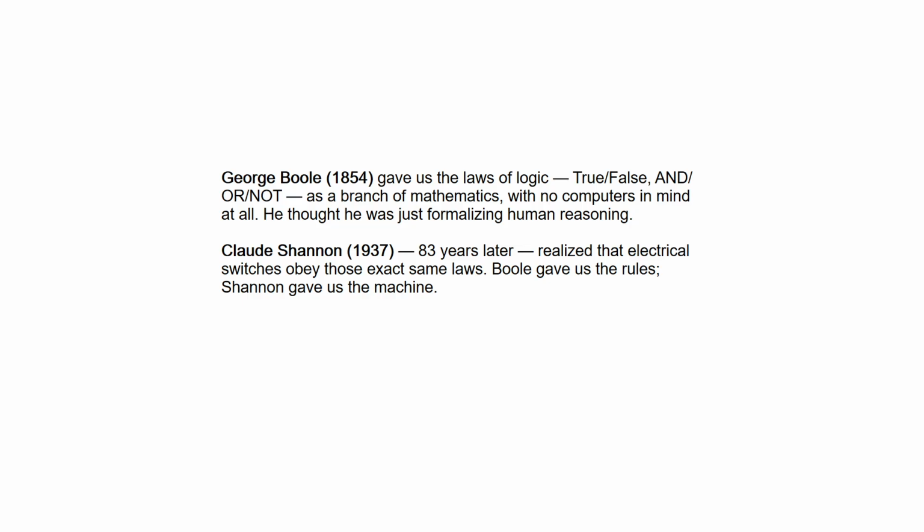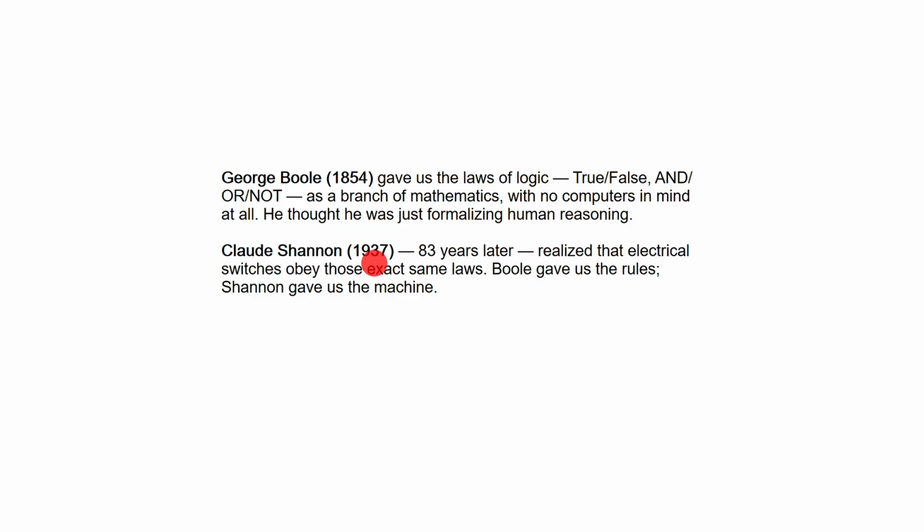So we're told that George Boole in 1854, he gave us the laws of logic, truth, false, and, or, not, as a branch of mathematics, with no computers in mind at all. He thought he was just formalizing human reasoning.